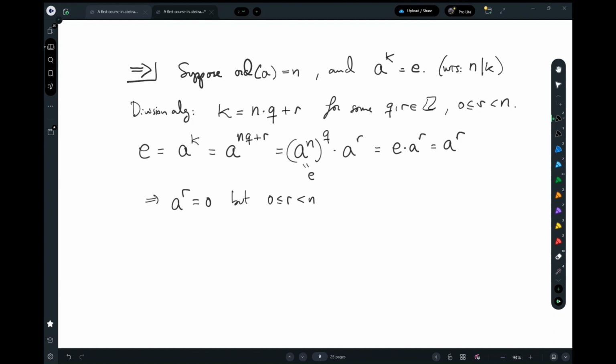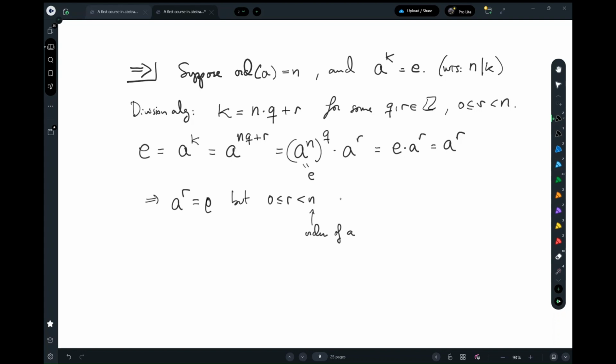But r is between 0 and n, and since n is the order of A, by definition the very first positive power of A that gives me the identity is n.